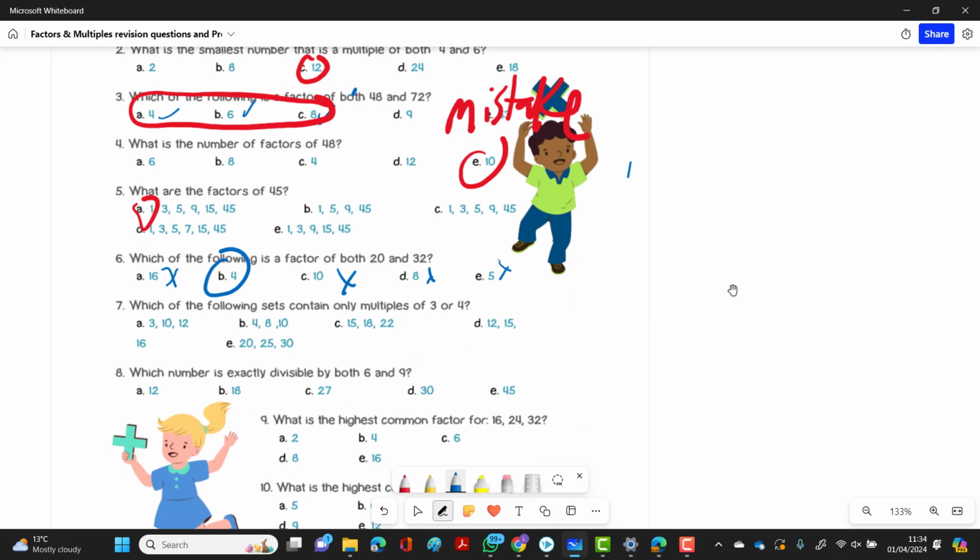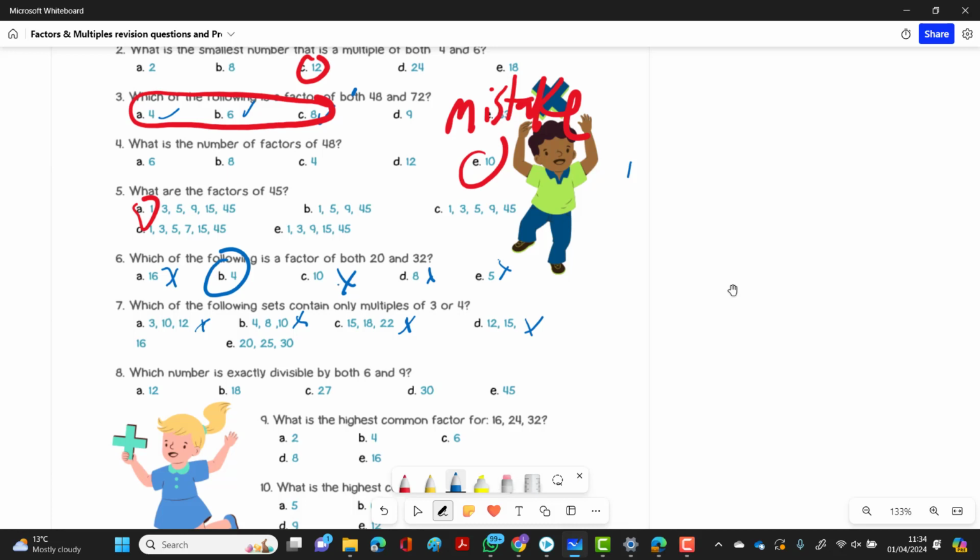Which of the following sets contain only multiples of 3 or 4? We have to go for each one. That's not that one. It's not that one. Oh, I read it wrong.